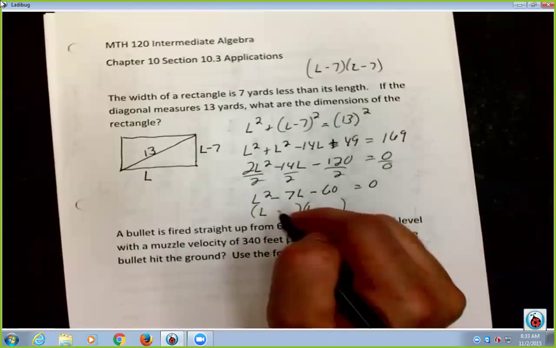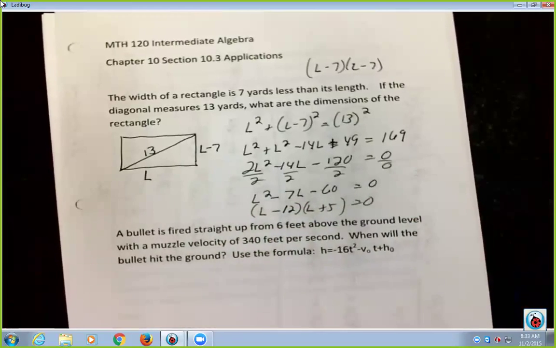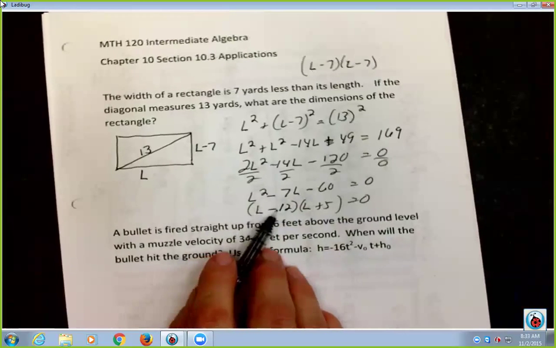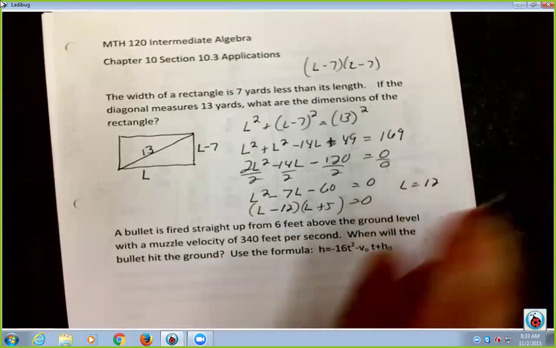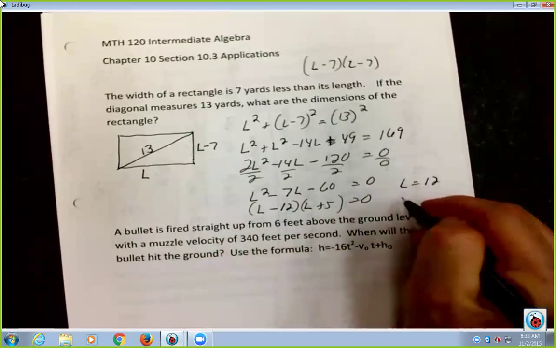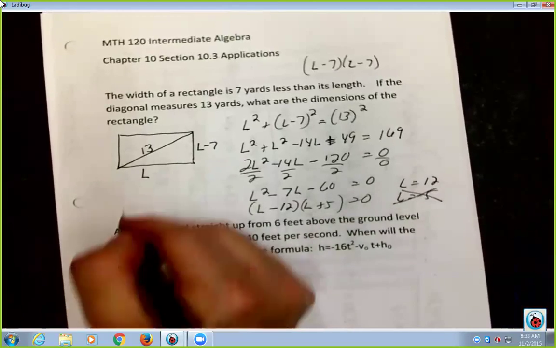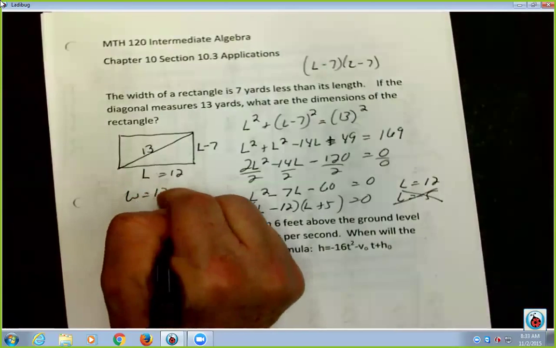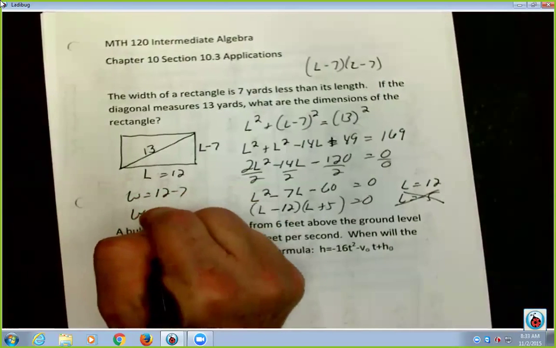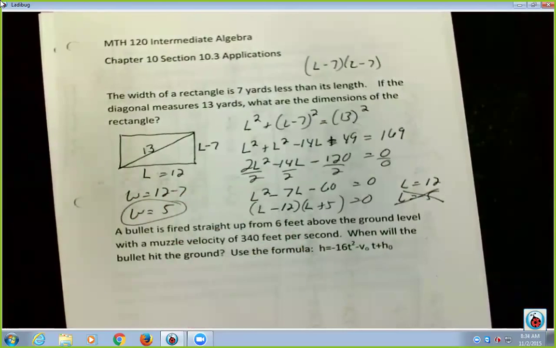So I got a negative 12 and a plus 5. And so L minus 12 equals 0, so L could equal 12. Or L plus 5, so L could equal a negative 5, but I can't use that one. So my length is 12. My width is 12 minus 7, or my width happens to be 5. And so that is my solution to this one.